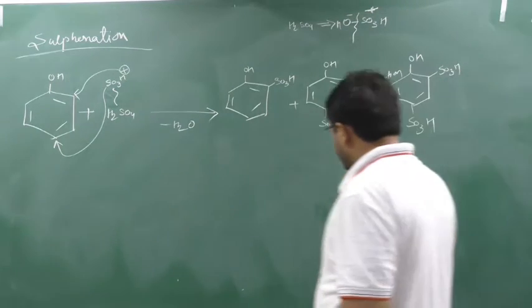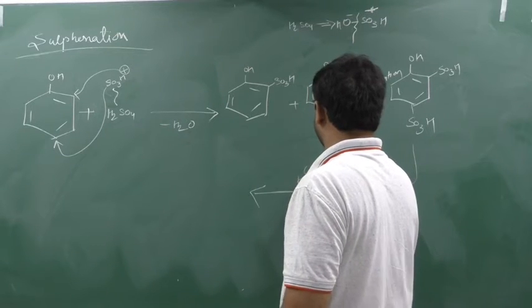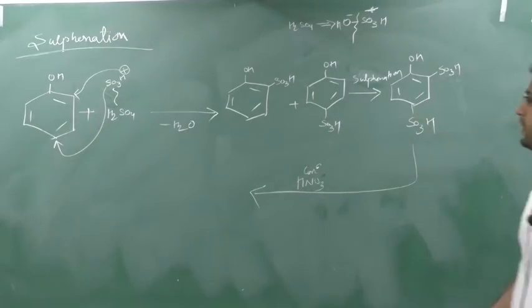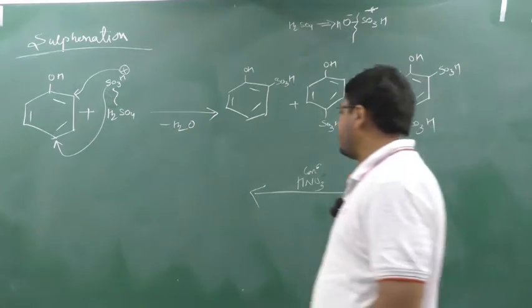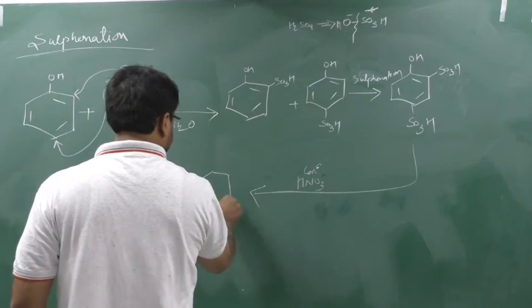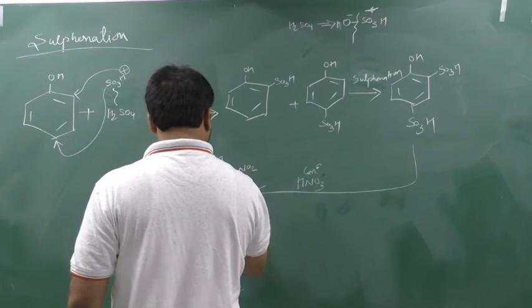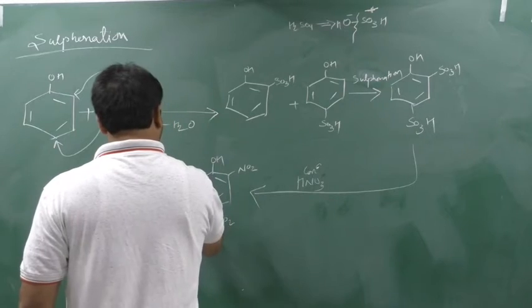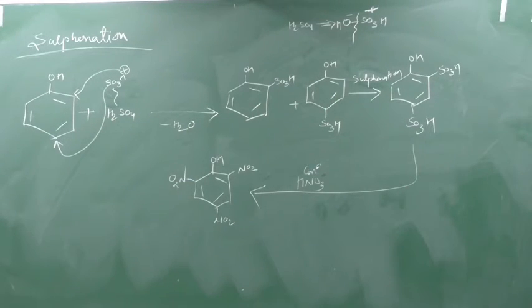If I do the nitration at this step with concentrated nitric acid, what will happen? I'll get picric acid. So this is one method to prepare picric acid from the sulfonic acids.